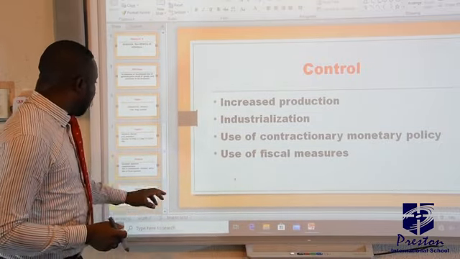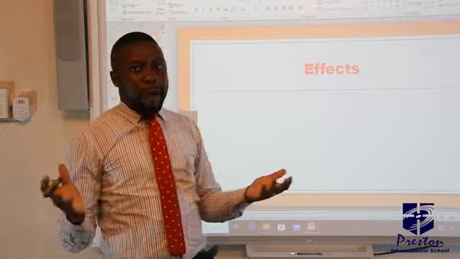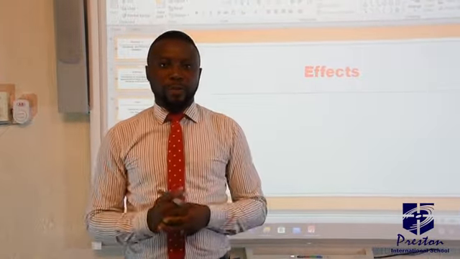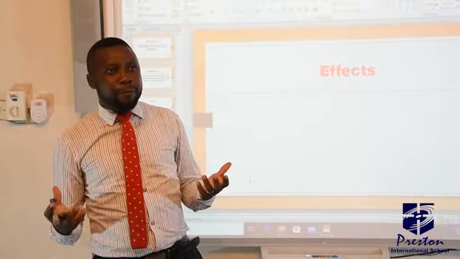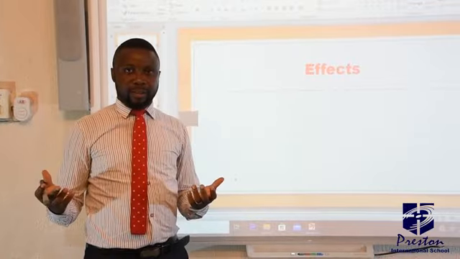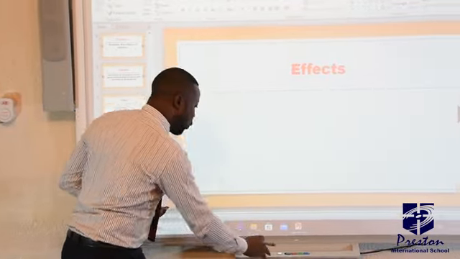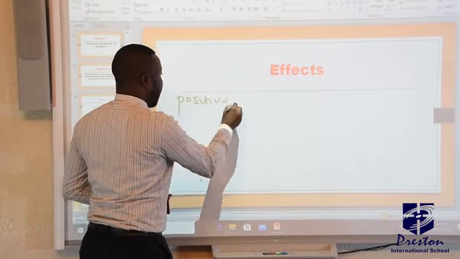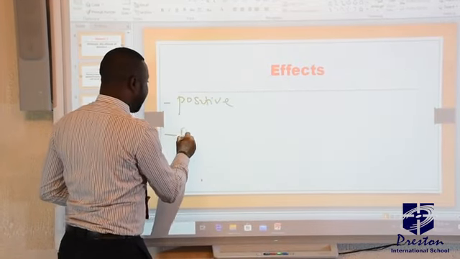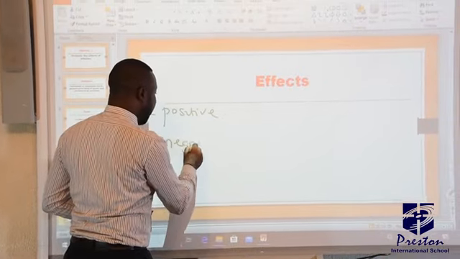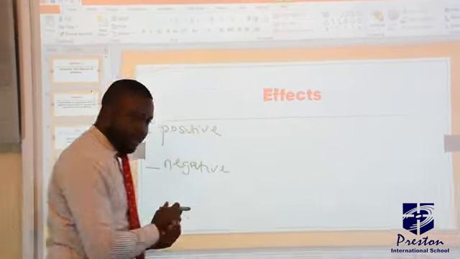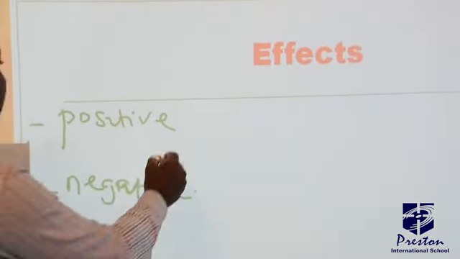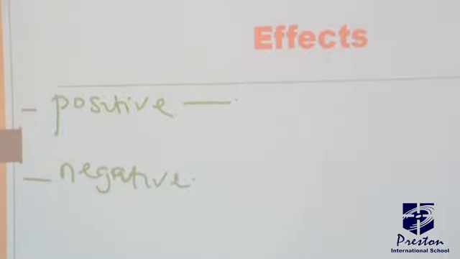And on this note, let us quickly talk about the effects of inflation. Inflation has two major effects. Inflation can have what we call a positive effect and a negative effect. Now, what are the positive effects of inflation?